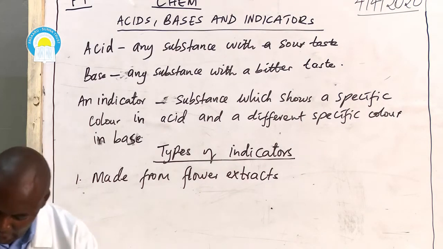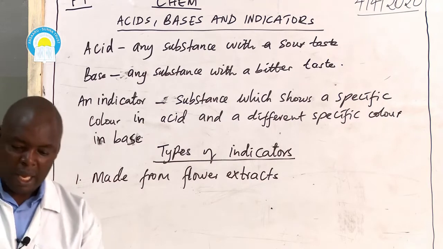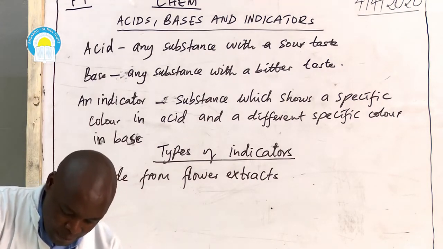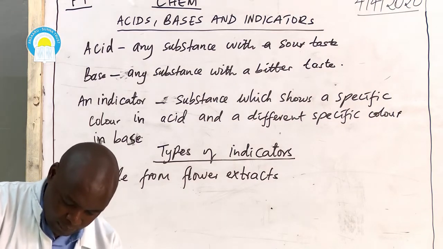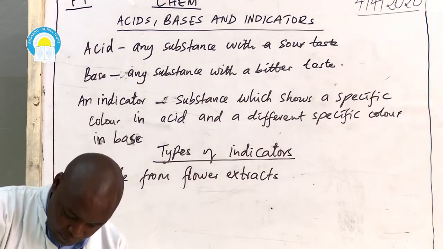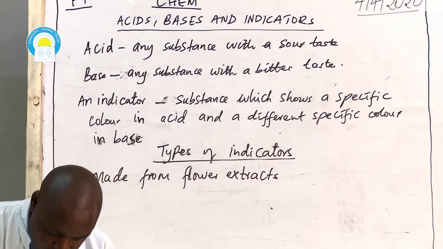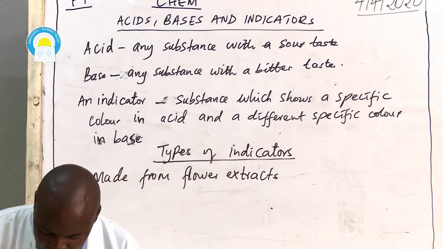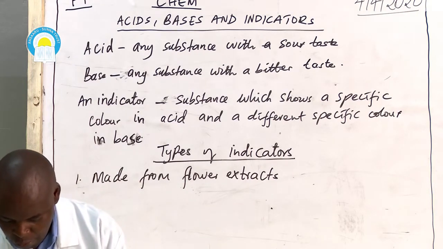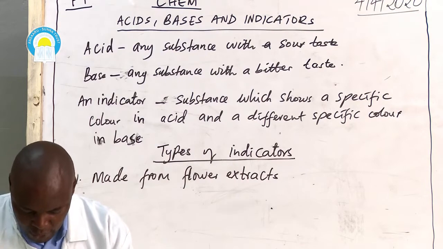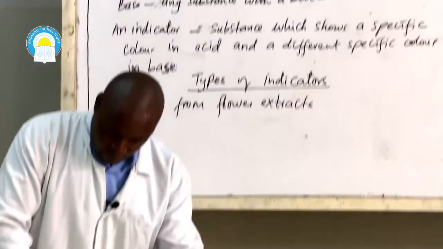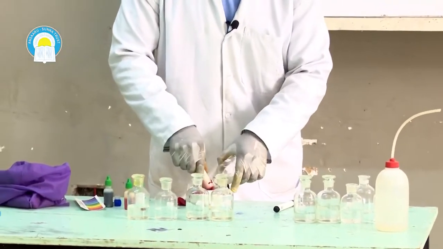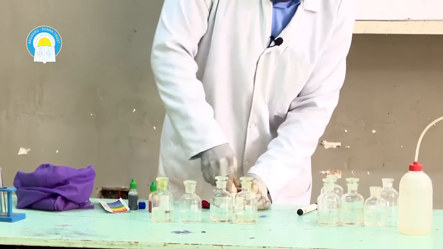This is a mortar and this is a pestle. Then you add a solvent. It can be ethanol or propanol. I am going to add propanol as I continue crushing these flower petals.